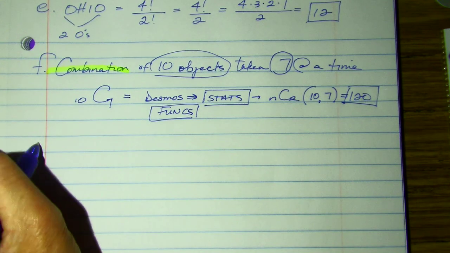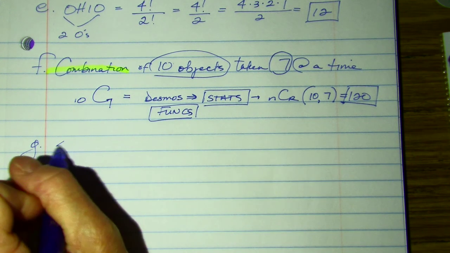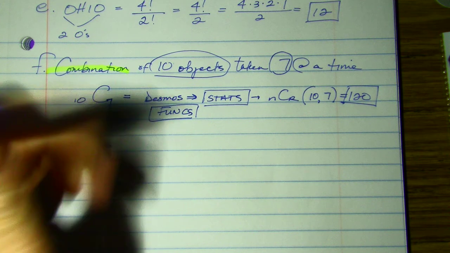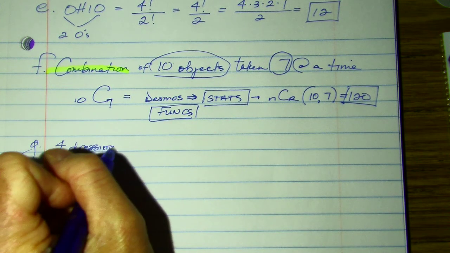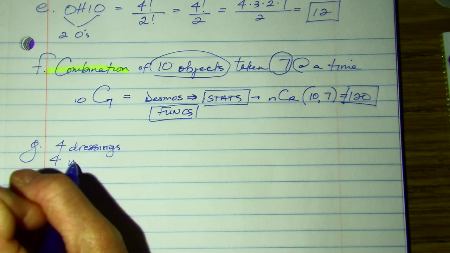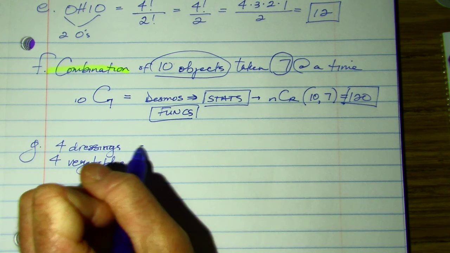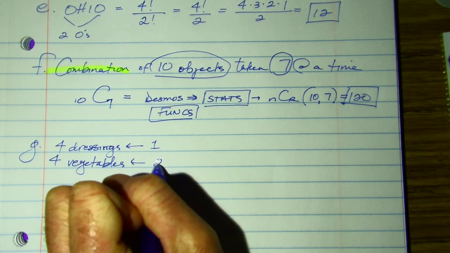All right, part G says that I have 4 salad dressings. That is not how you spell dressings. What am I doing? 4 dressings. And it says that I have 4 vegetables. It says that I have to choose 1 dressing and I have to choose 2 vegetables.